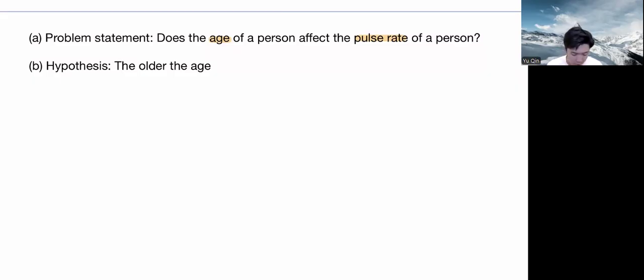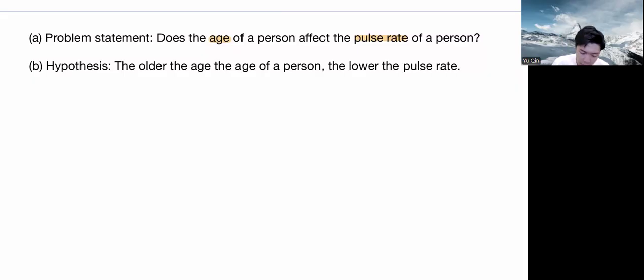Okay, the older the age of a person, the lower the pulse rate. Okay, so I'm within my frame now. I'm talking about age, and I'm talking about pulse rate. There you go.